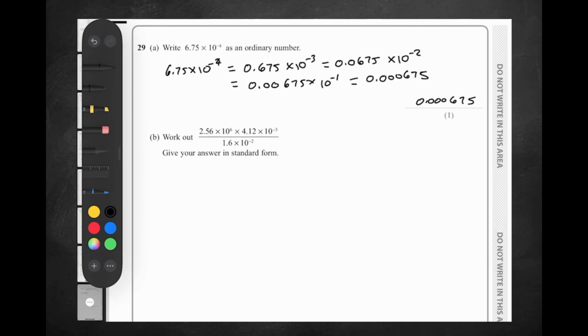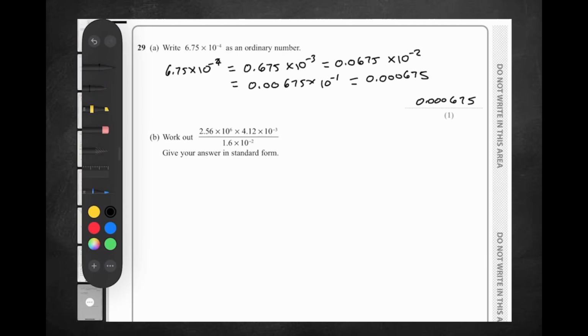And part B, work out all of that, give your answer in standard form. So they want it in the form of a number multiplied by 10 to the power something. So I'm just going to put this straight in my calculator. I will do it one line at a time.